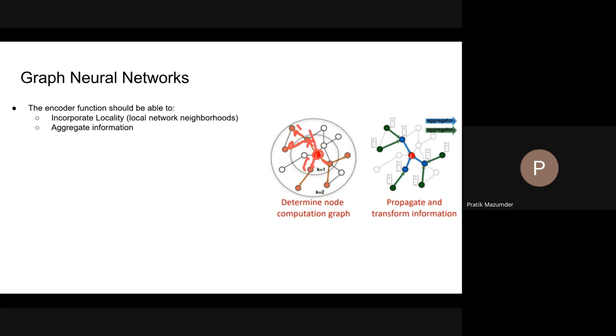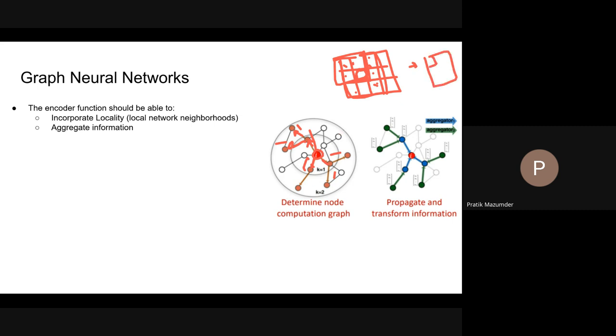So you want to get information about all of the neighboring pixels, which is something similar to what we are doing in convolutional networks. Suppose we had a particular filter, a central node, and a set of neighborhood nodes, and we tried to aggregate information from all the neighborhood pixels and then obtained a value for this particular node.